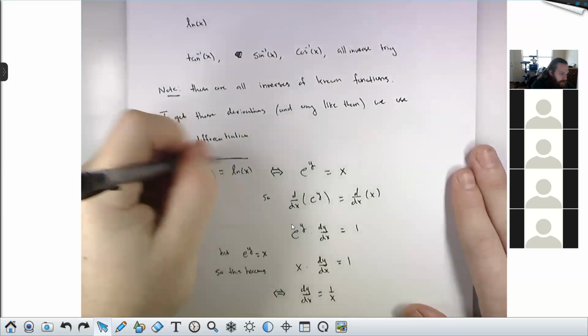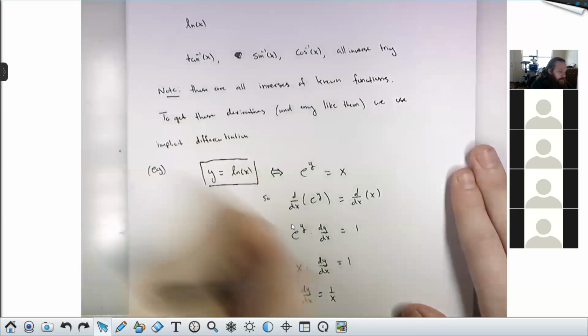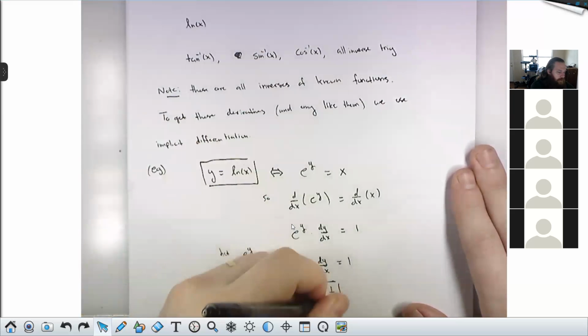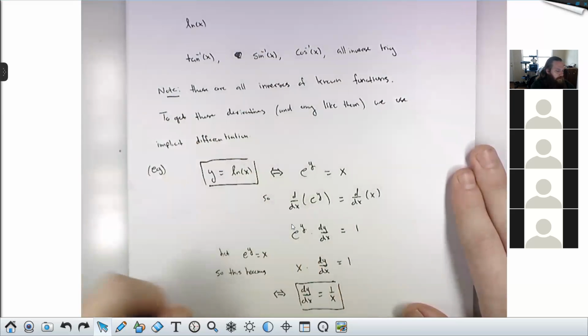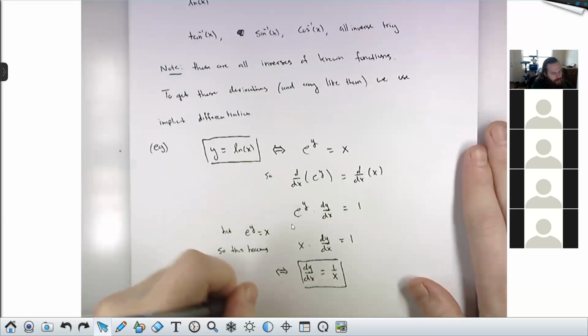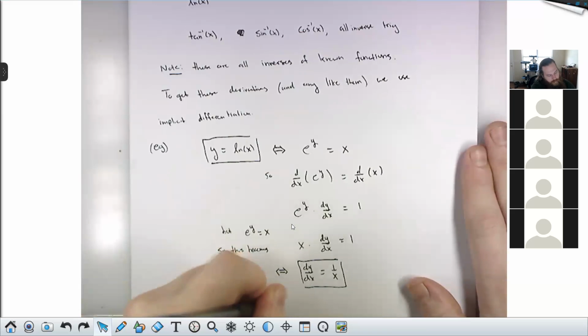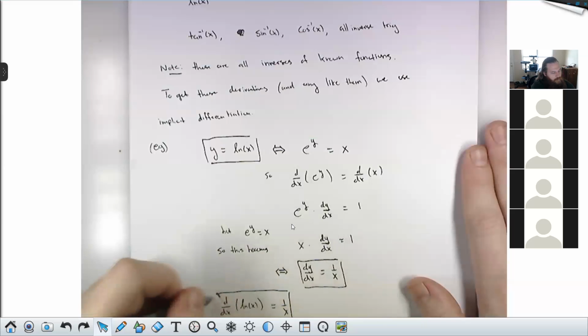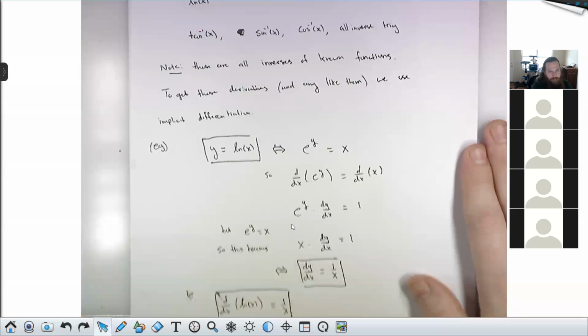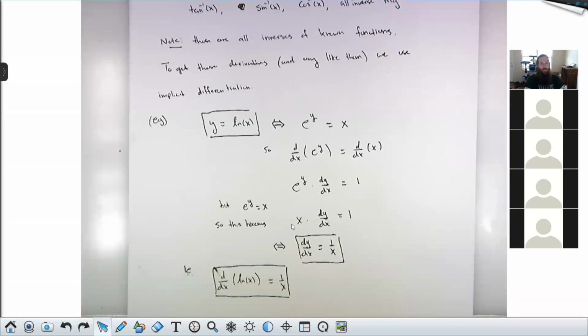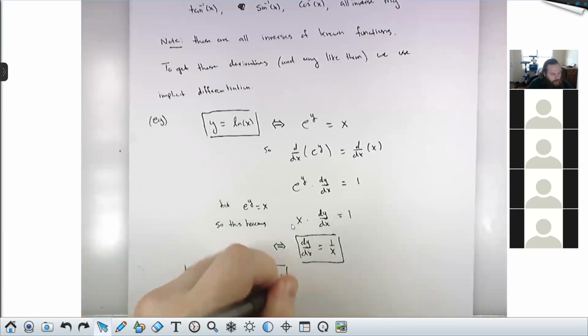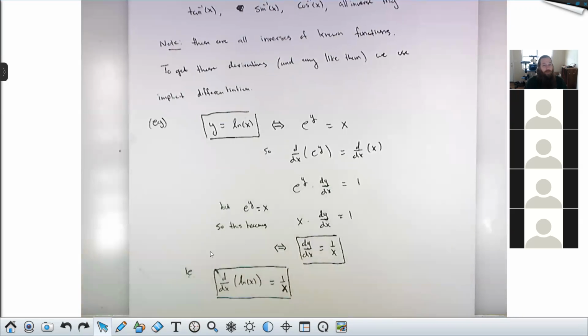So if y is the natural log of x, then dy dx is 1 over x. In other words, the derivative d dx of natural log x is 1 over x. And this certainly is a true statement. The derivative of ln x absolutely is 1 over x, and this is how we prove it.